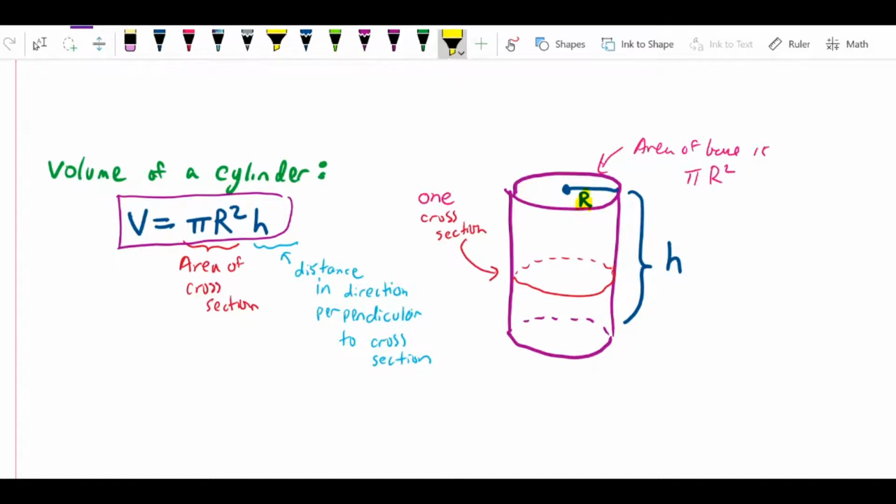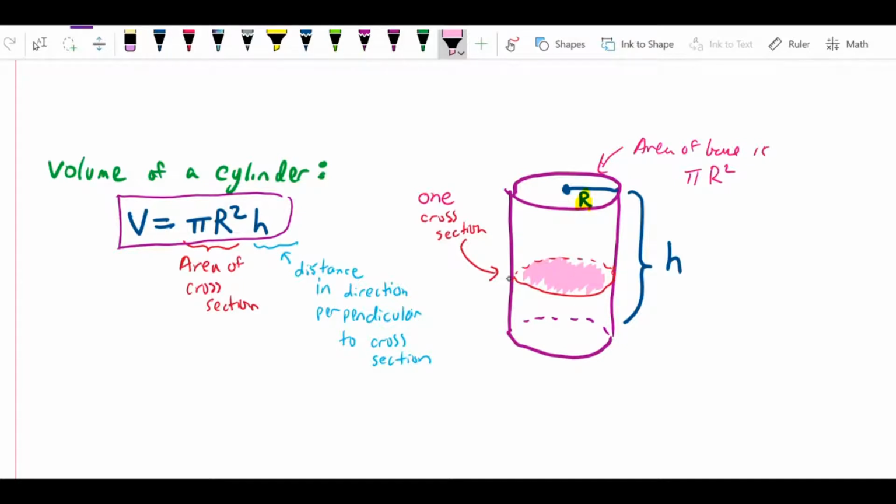So if I look instead at one cross section, it's going to have the same area as the base, and what I'm doing is taking the area of that cross section and multiplying it by the distance from one end of the solid to the other in a direction that is perpendicular to that cross section.